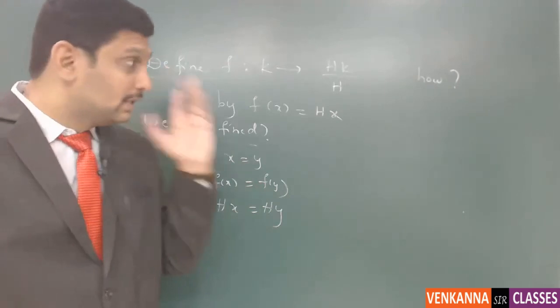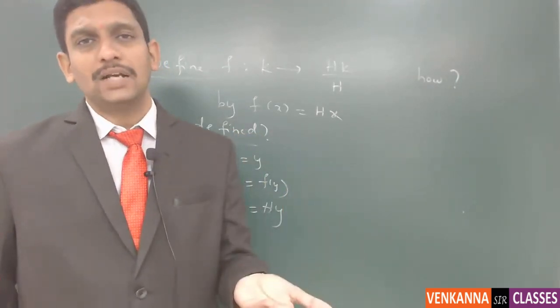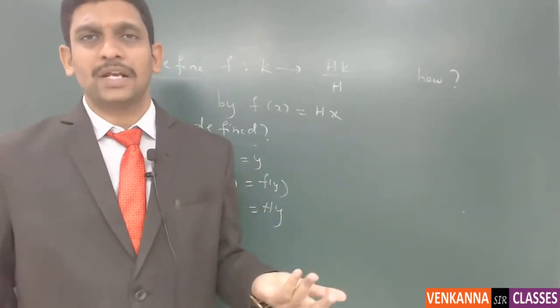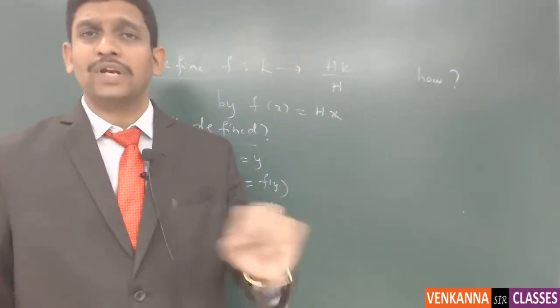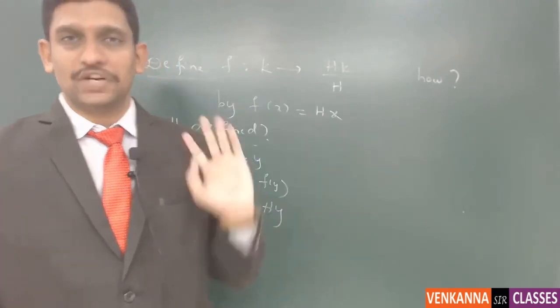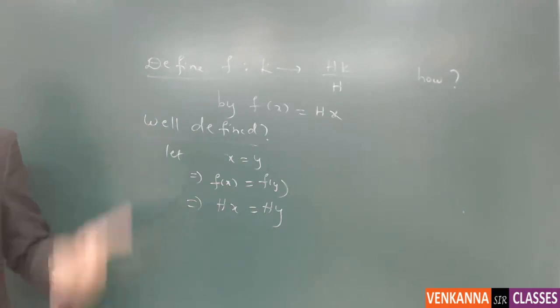And here the function, how I have defined it, is by default an onto function. There is no need to check that separately. So assume that it is onto right now. If you have a doubt, you can cross verify that. But by the very definition, it is an onto function. Now the question is, is it a homomorphism or not?